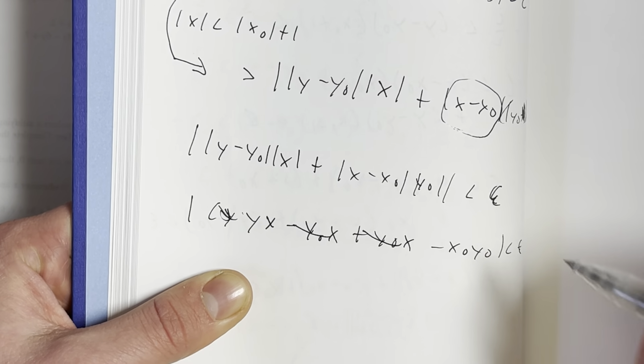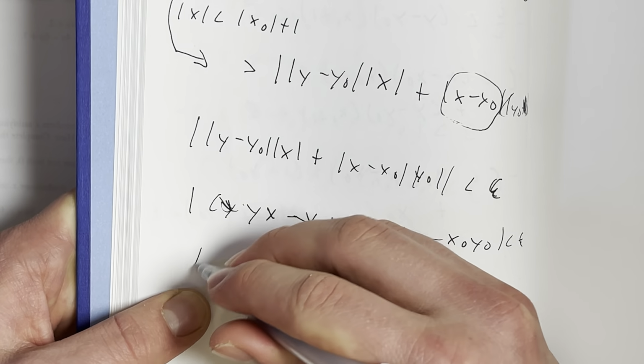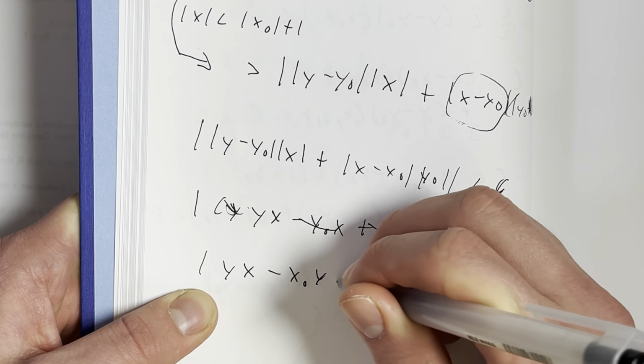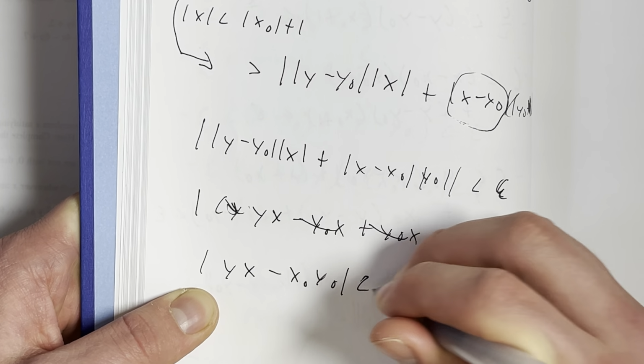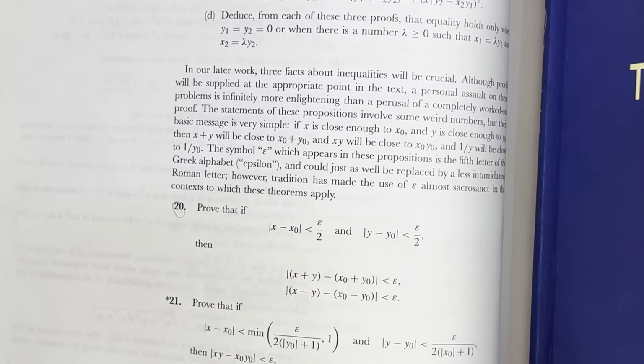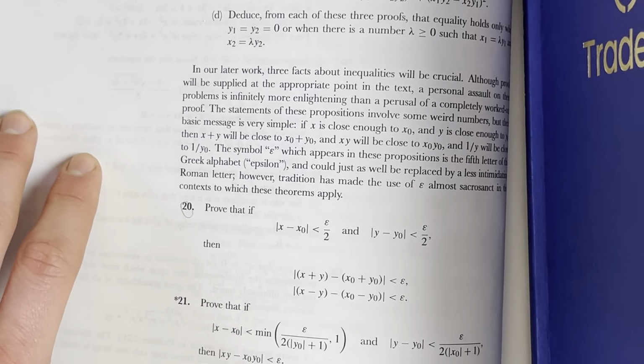These cancel out, and thus we are left with yx minus x0 y0 less than epsilon, which is what we wanted here.